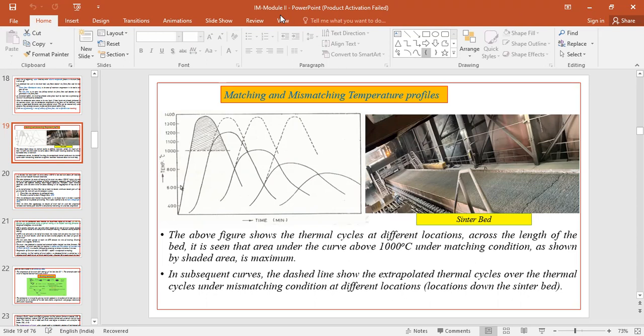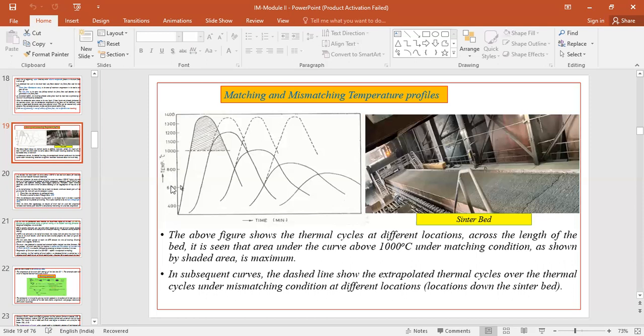So if you see in this particular picture, this curve shows one layer. There are a series of layers: this is one layer, this is another layer, third layer, fourth layer, like that.